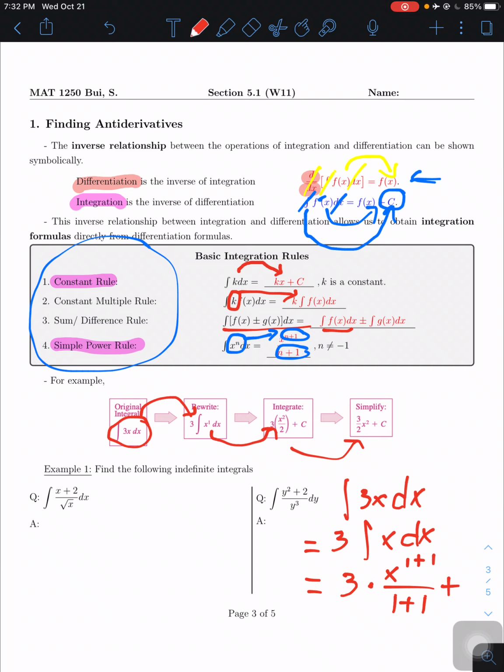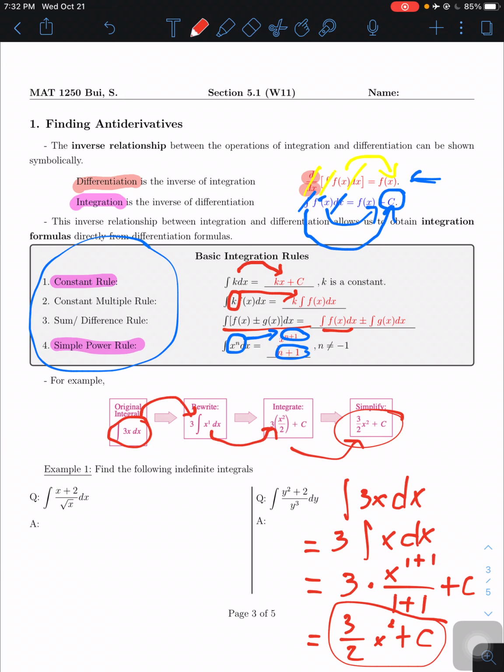Make sure that when you make the integral disappear, you compensate by putting a c. So at the end it's 3 over 2 x squared plus c. That's the same answer that they have.